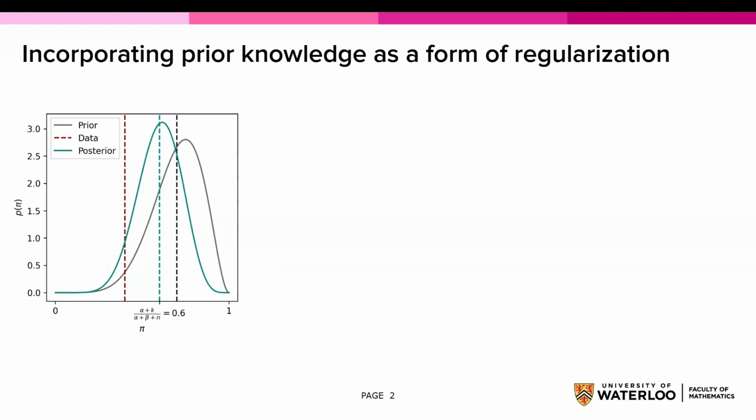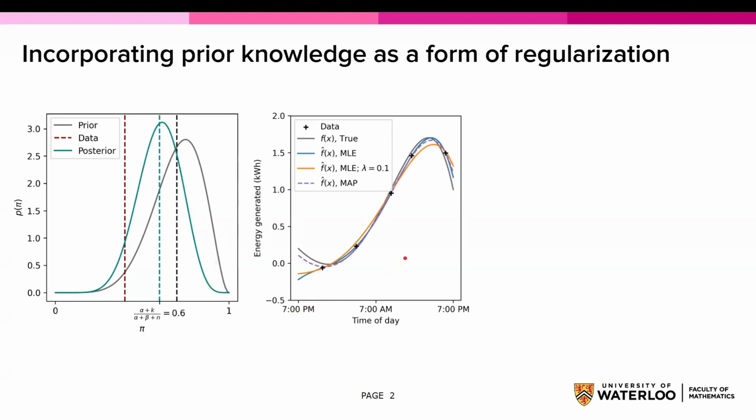We applied the same concept to linear regression, where we had a set of fixed nonlinear basis functions. The true underlying function was in gray, and the MLE estimate was in blue.